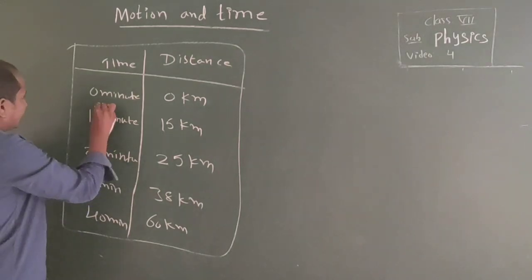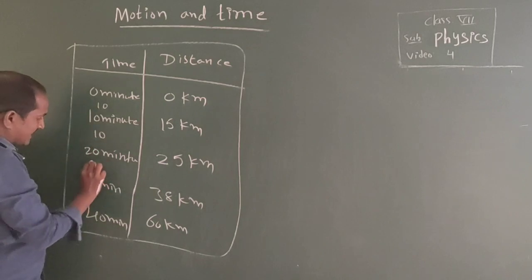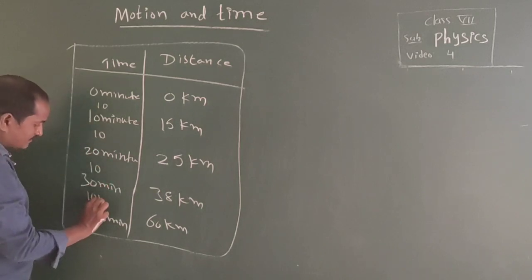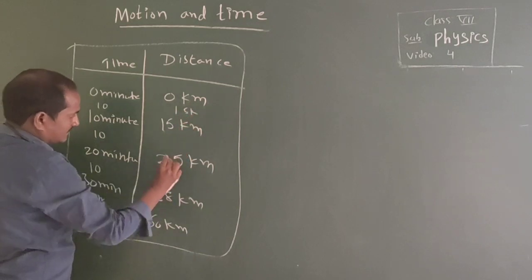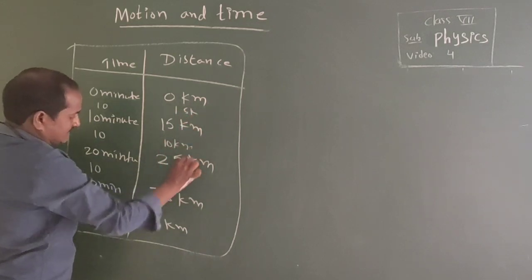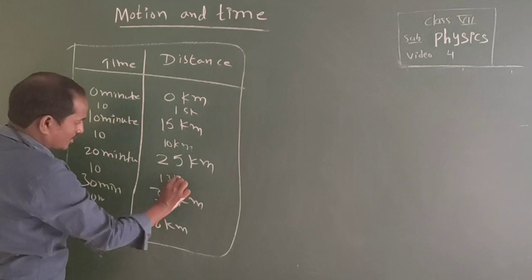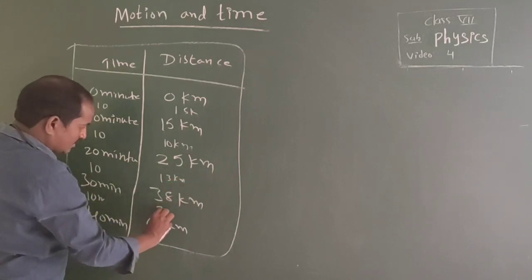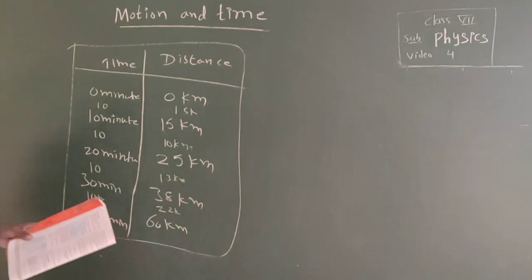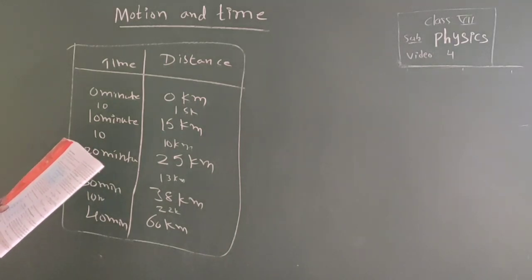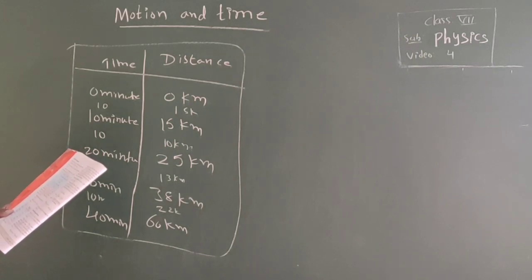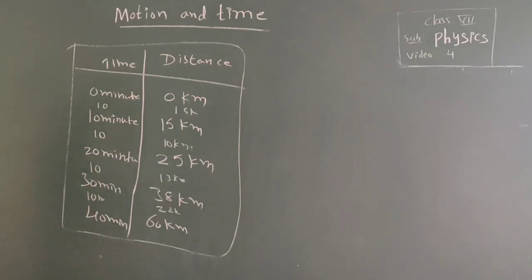Here the time intervals are 10 minutes each, but the distances are 15 kilometers, 10 kilometers, 13 kilometers, 22 kilometers. Is the car going with a uniform speed or not? No, the car is moving with a non-uniform speed, non-uniform motion.